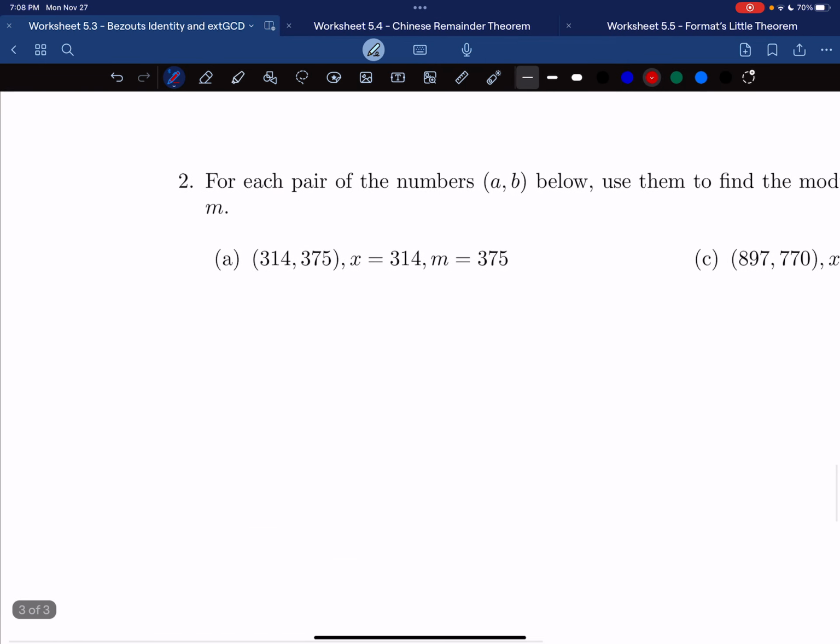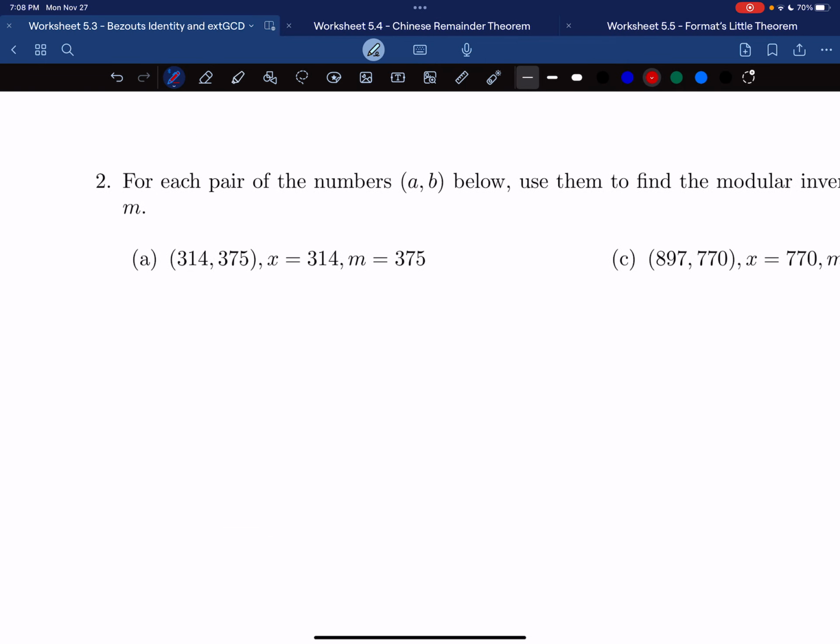Okay, next problem. Here we see that we've said for each pair of numbers, A and B, use them to find the modular inverse of each given value x mod m. So these are A and B, and so we want to find the modular inverse of 314, in this case, mod 375.